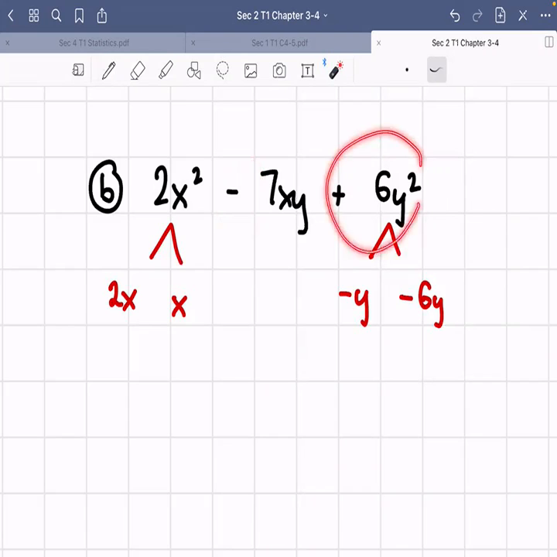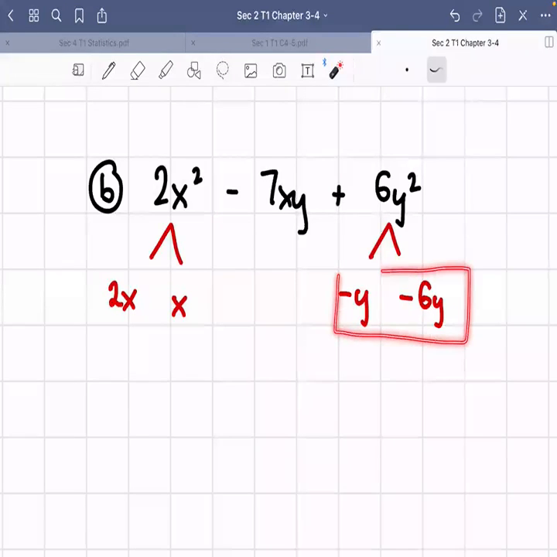So I think your factors here should be both negative. Will this give us negative 7? But we also need to check with this 2x squared here.